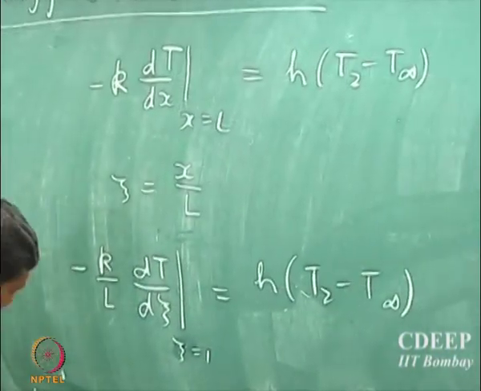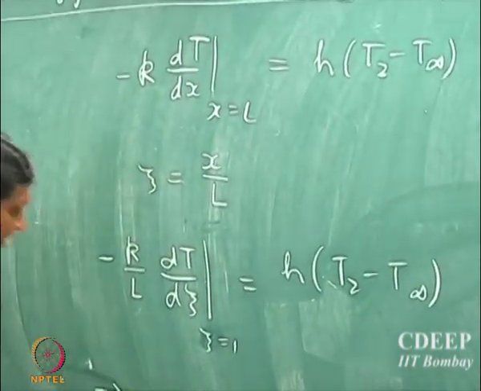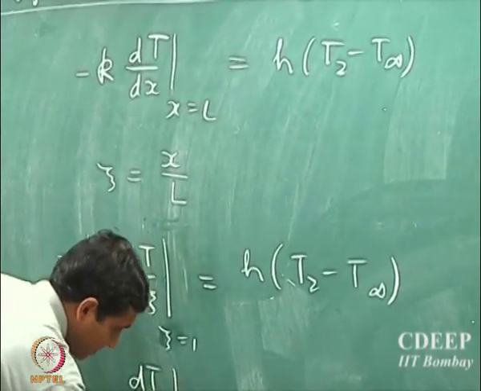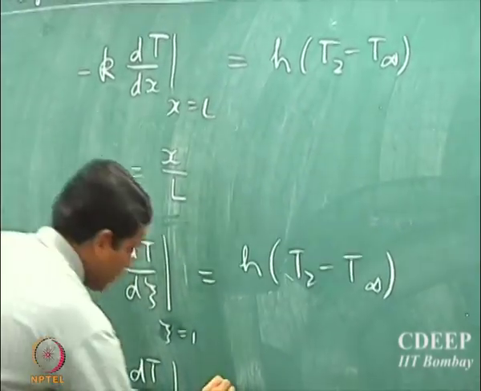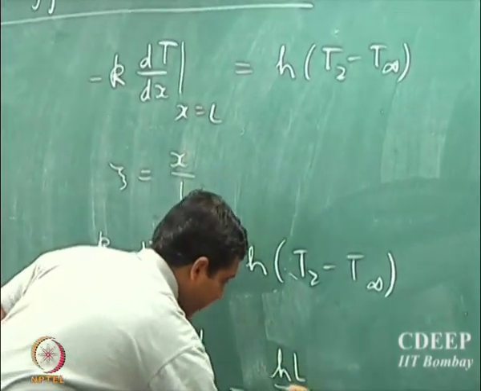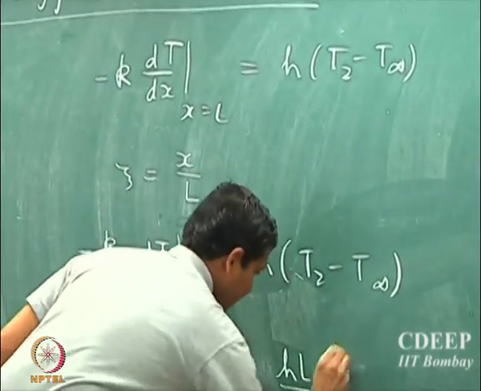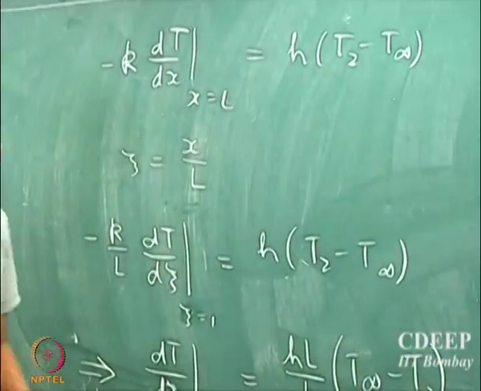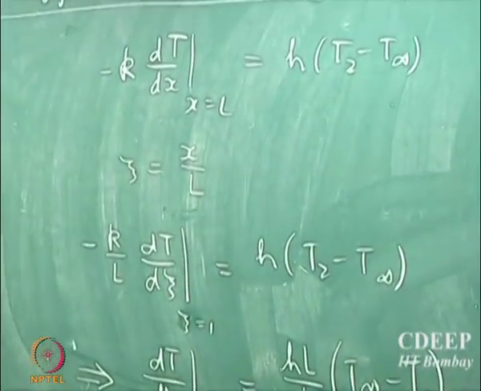Okay. So I can do an algebraic manipulation of this. So dT by dz at z equal to 1 is given by hL by k into T infinity minus T2. Okay, is that clear to everyone?